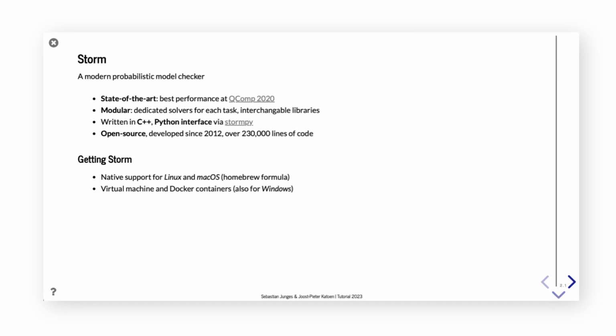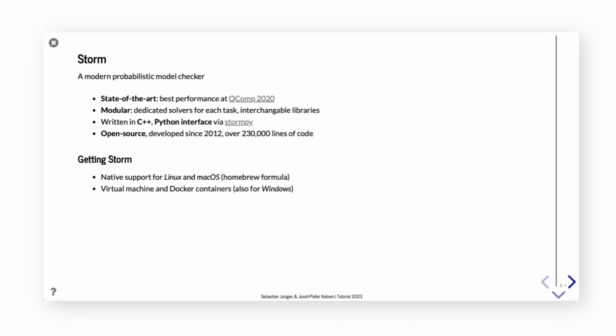We've been developing it for over 10 years now, and the C++ library alone is currently over 200,000 lines of code. And that's going up and down because we're also constantly removing parts that are no longer state-of-the-art. You can get Storm on your machine. We have native support for Linux and macOS.